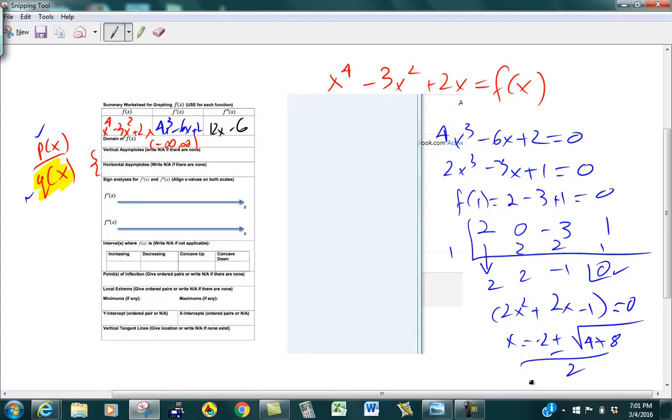You work this out, and you get the square root of 12, which is 2 root 3. So it becomes minus 1 plus or minus root 3 over 2. So some funky numbers.